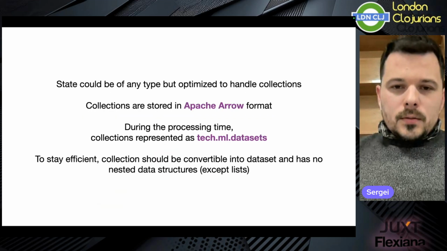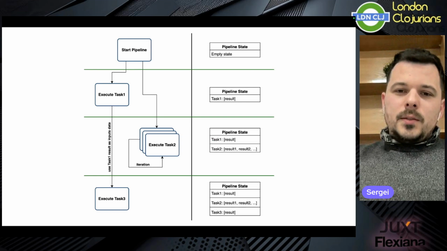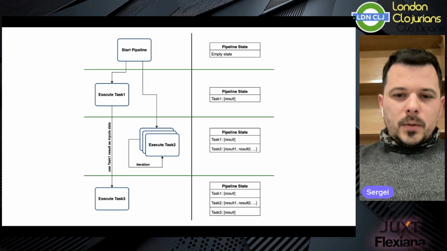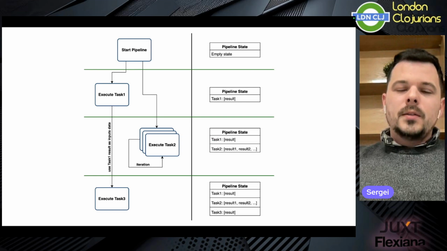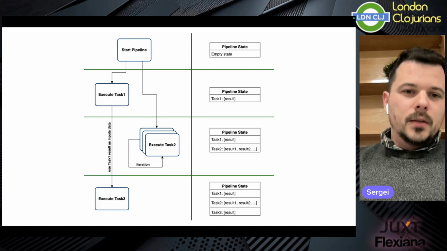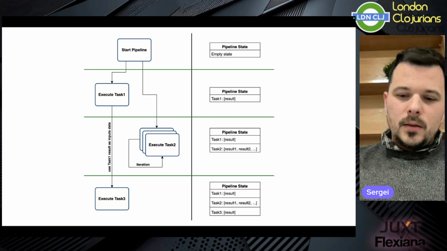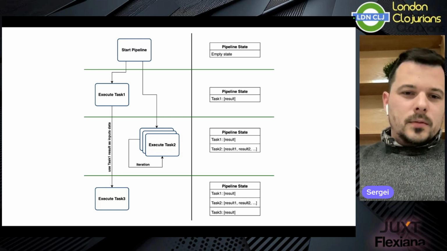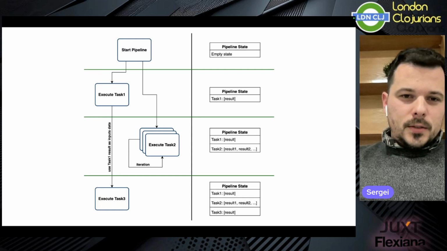And it doesn't make sense to keep all this state in memory, because you might execute a task, but then you need to execute 20 more tasks, and you don't need to keep the state in the process runtime on the heap while another task is executing.